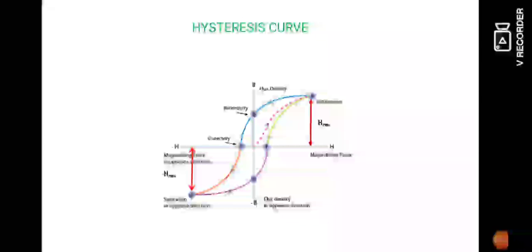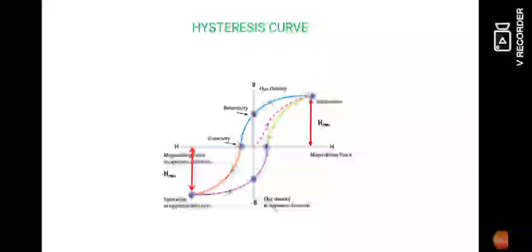So there is a lagging. When H is maximum, B is 0. So now the residual magnetism becomes 0 due to the application of the external magnetic field along the negative x-axis. That is represented by OC. This value of the magnetic field H, when the magnetic induction value B is 0, is called the coercivity. So these two factors are very important.